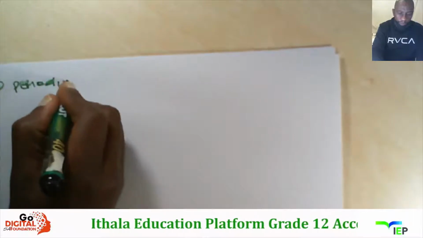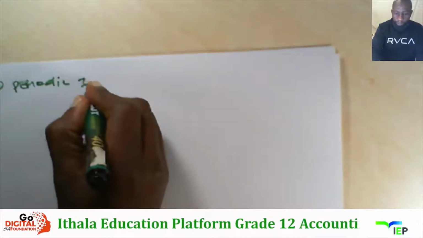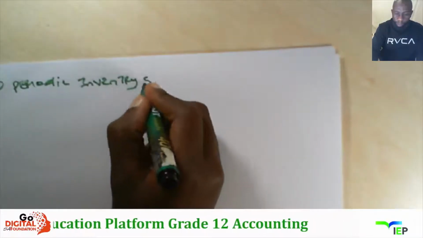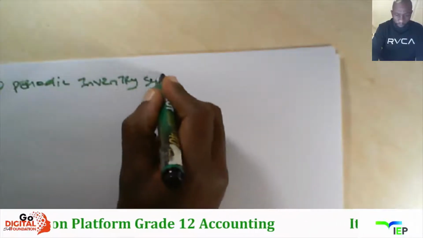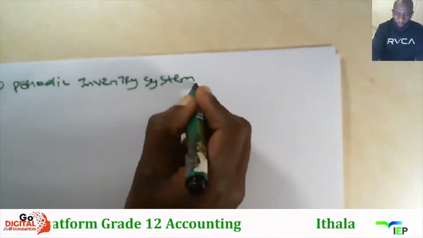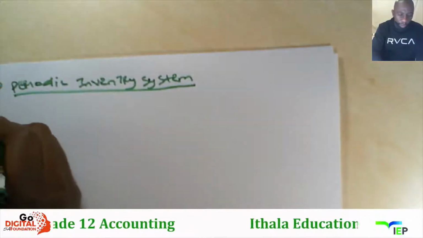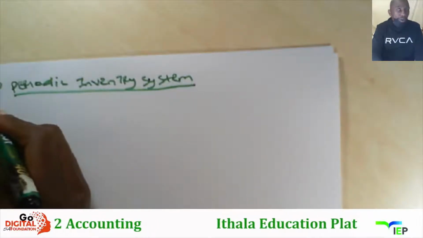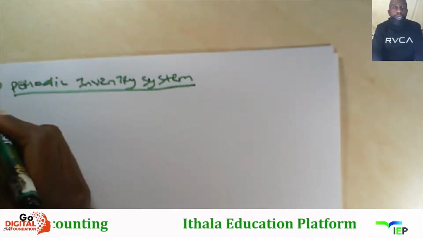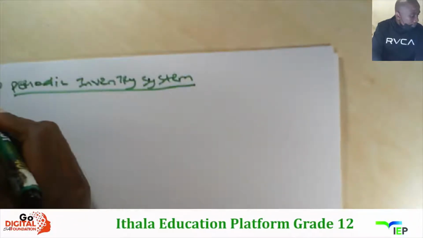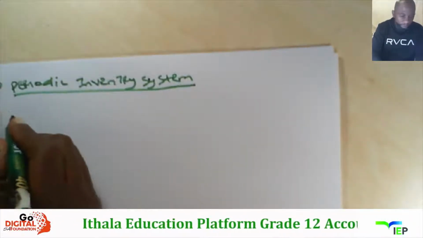Periodic inventory system. Periodic or periodical inventory system. In one word, what is a periodical? Occurs whereby you calculate stock on a periodical basis. Stock is done periodically to calculate the trading stock.